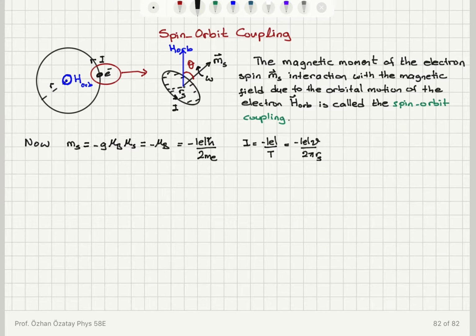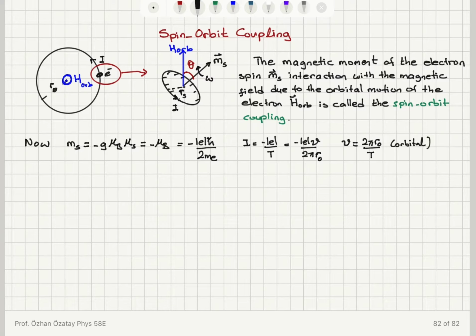Basically, actually, I want to look at the current created by the orbit, not by the spin. So let's have r_s and r_0 for the orbit. So the current due to the orbital motion of the electron is minus e v over 2 pi r_0, our orbital radius, where the tangential speed v is 2 pi r_0 divided by T. So this is the orbital motion.